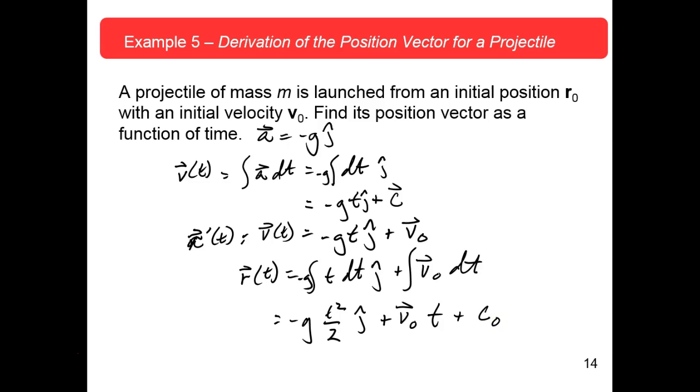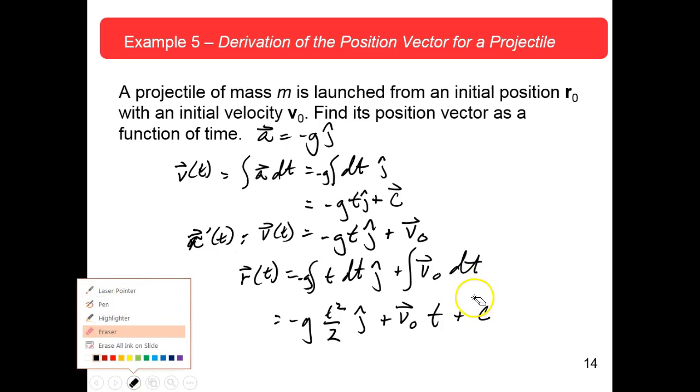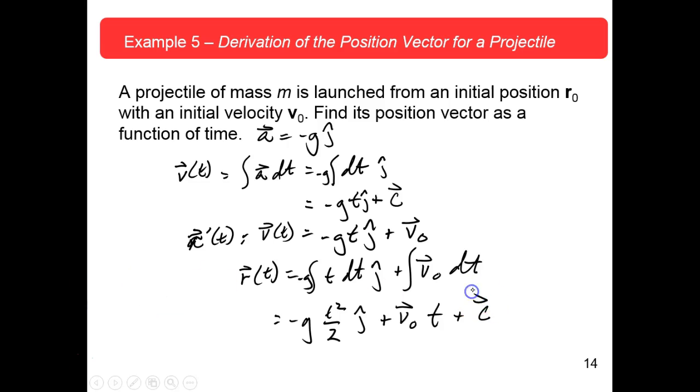Constant vector C. I should use a different C, but it's okay. Now, we know with an initial position of R0, that means when t is equal to 0, this is 0, that's 0, so this C is your R0.